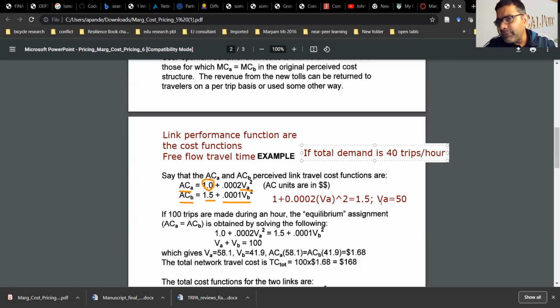But if the demand is more than 50, then, as some of the responses you gave me earlier suggested, route B will become competitive.